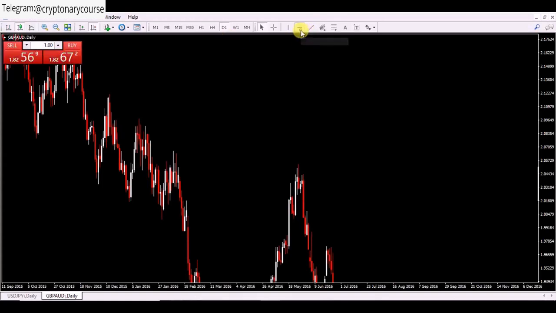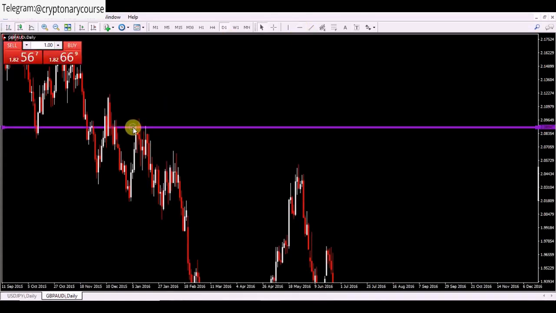Like, for example, boom. Why? Because the market came up, major wave on the daily, and reacted. And back here came down and reacted. Broke through, retested, dropped. Broke through, retested, rallied, broke through, retested, dropped.